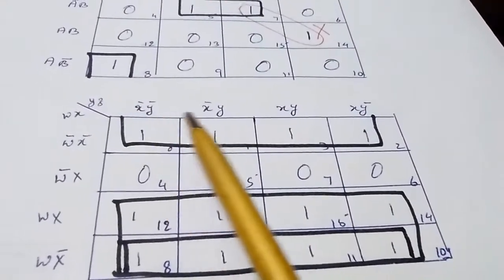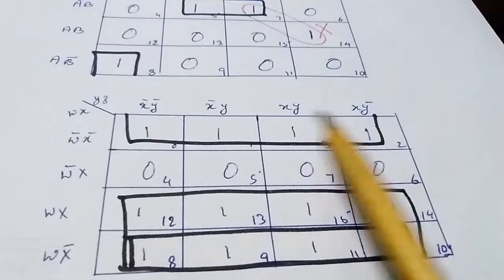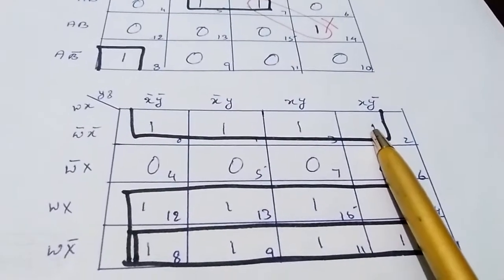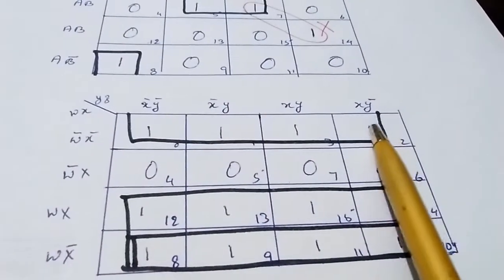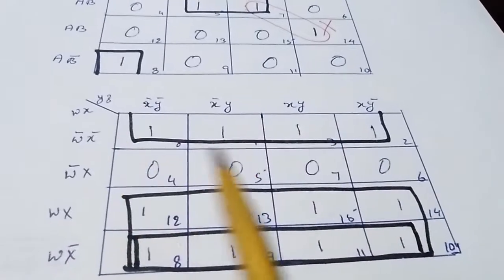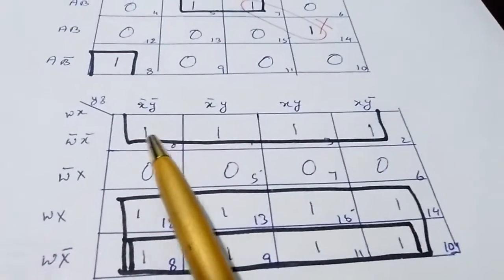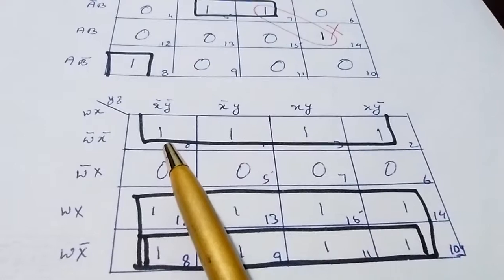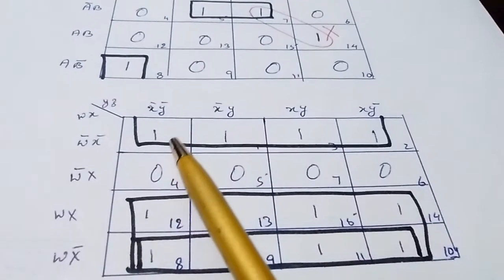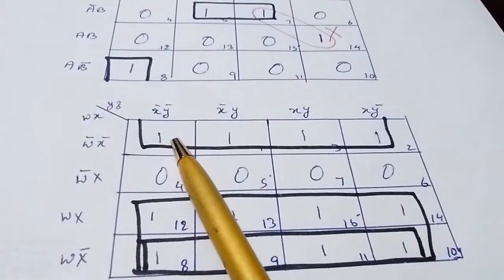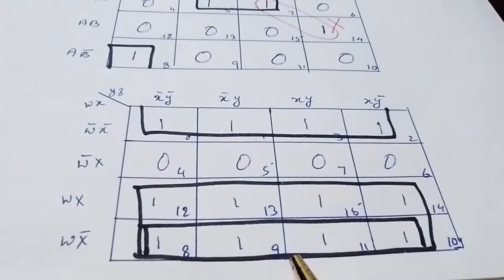And we see here also there is a set of 4 ones. So instead of making it as a quad, we use the overlapping technique and we join this edge with this edge.